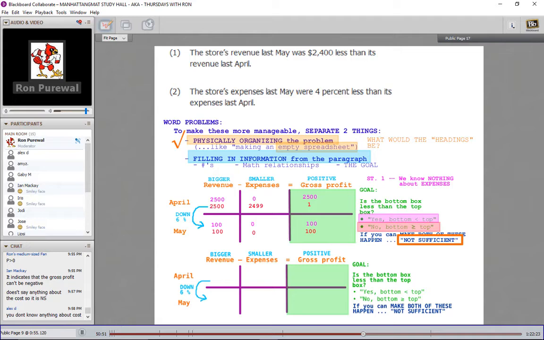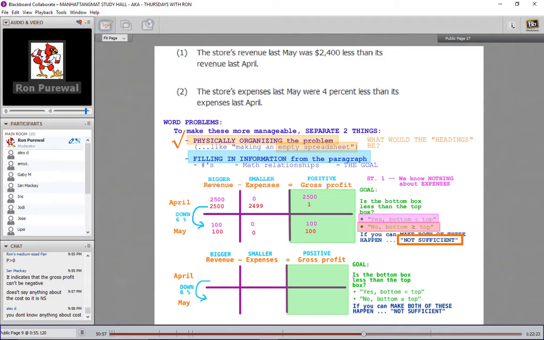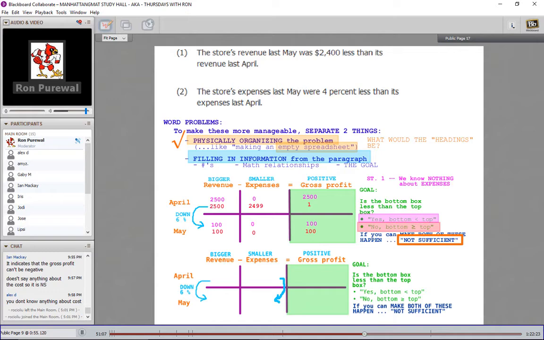What about statement 2? Statement 2, this is 4% down. Let's write that on there. Okay. Does anybody see anything funky about this?